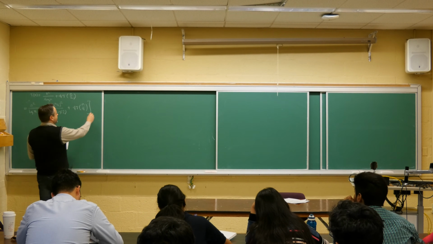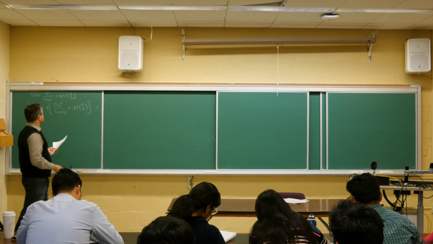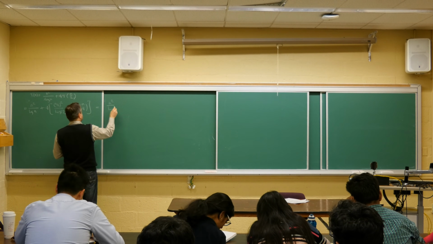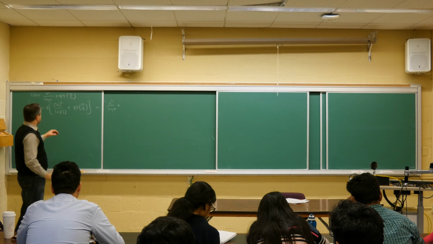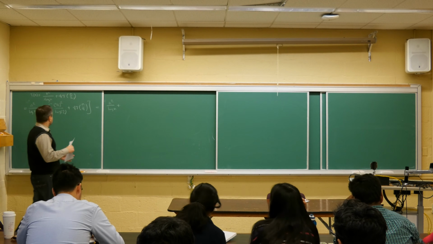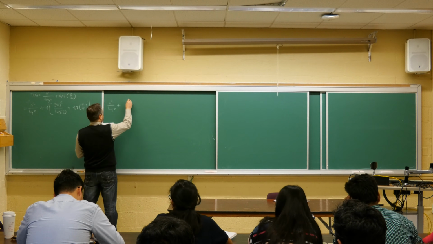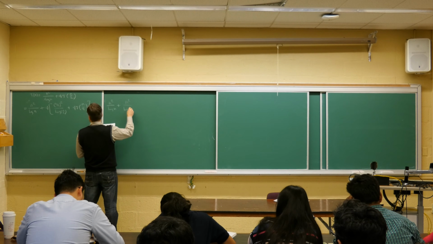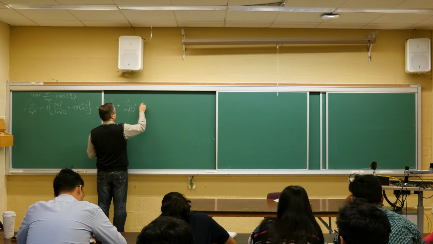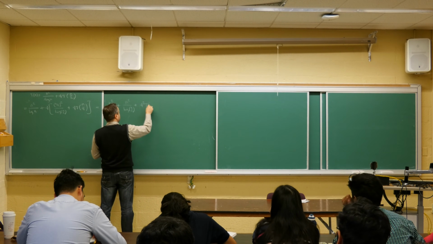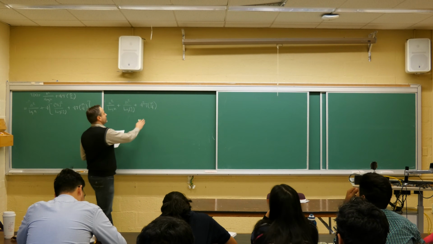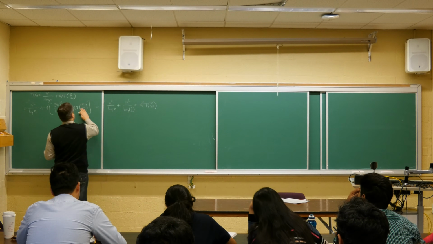Okay, let's expand this thing and see what we're getting. So n squared divided by log n, that's the first term. Now this term, I'm going to try to get rid of the 2 squared. That's a 4, and it goes away with the 4. So I'm left with n squared by log of n by 2 plus 4 squared T of n by 4. Maybe I should write this 4 as a 2 squared. Maybe that's easier.